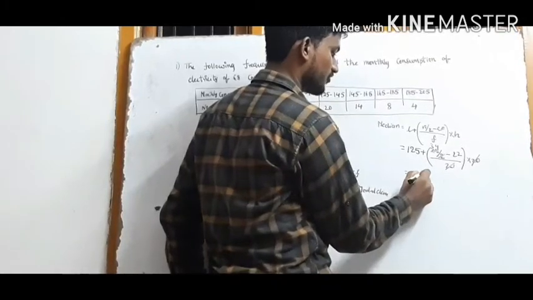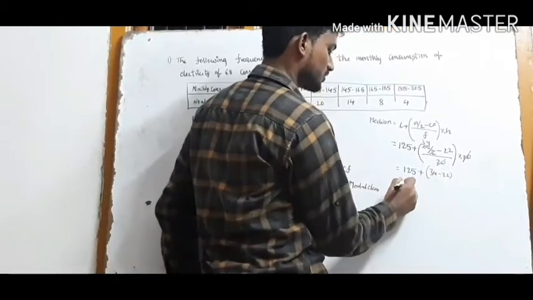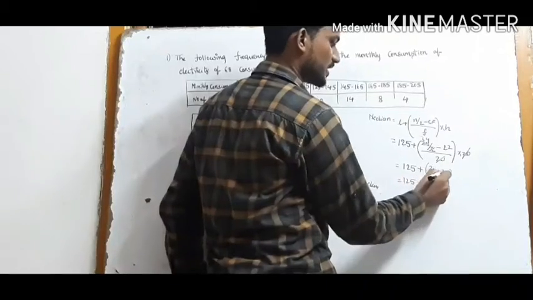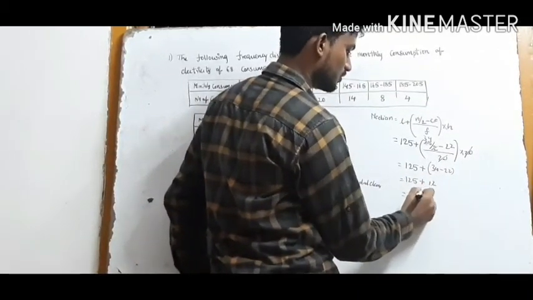It is 125 plus 34 minus 22, that is 125 plus 12, which equals 137.